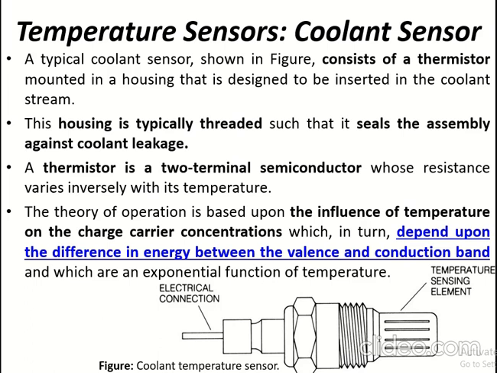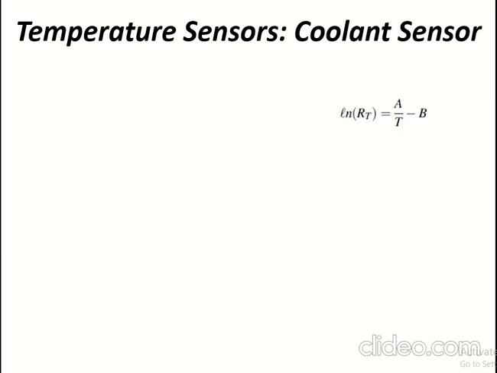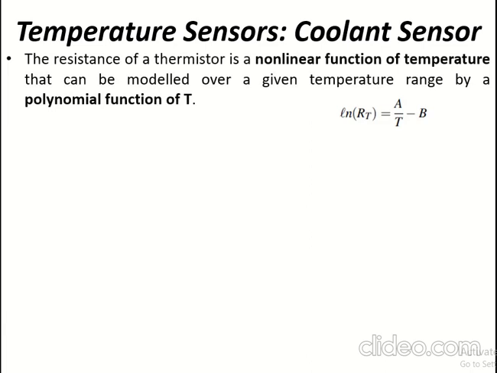Now consider that when resistance is varying, it will bring a change in the voltage, or we can say the potential difference will change, and with that calibrated reading we can get the temperature. The resistance of a thermistor is a nonlinear function of temperature that can be modeled over a given temperature range by a polynomial function of temperature.